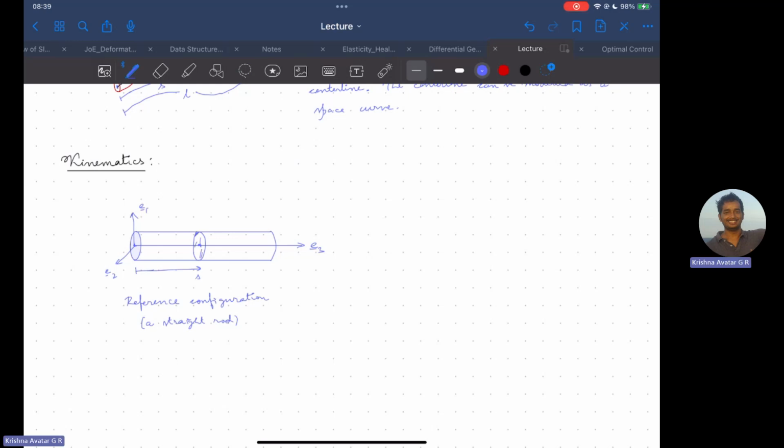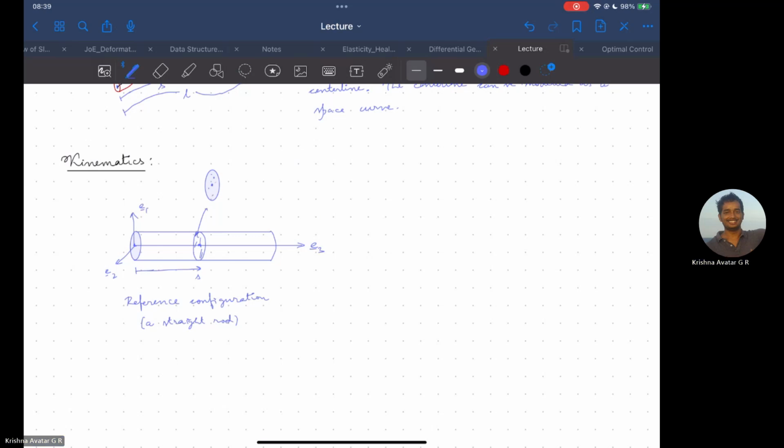If we isolate the surface here, it will look something like this, sideways, and this would be the center line point. Now we require coordinates to be able to reference the points.